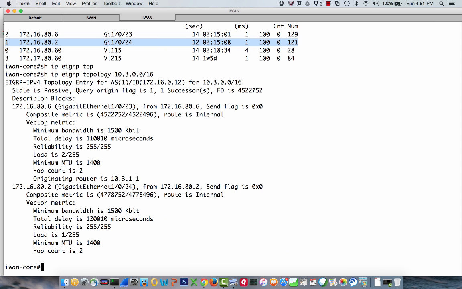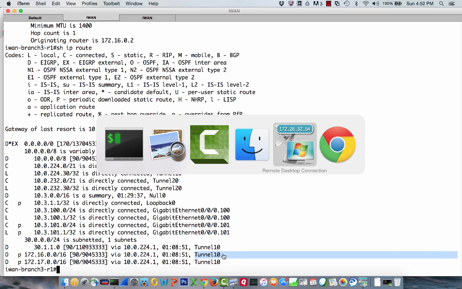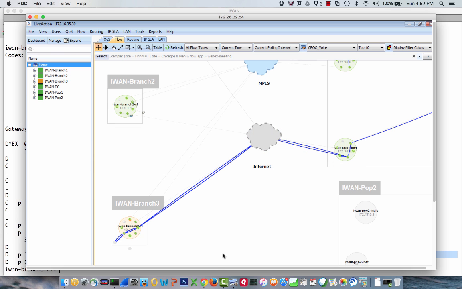So we already know that at branch 3, if I were to do a show IP route, it would say that I am supposed to, according to the control plane, send 172.16.0.0/16 traffic out over tunnel 10. If that were the case, then please riddle me this. I'm going to hit a refresh button right now. This is live action, and this is going to tell me exactly where that EF critical traffic is going.